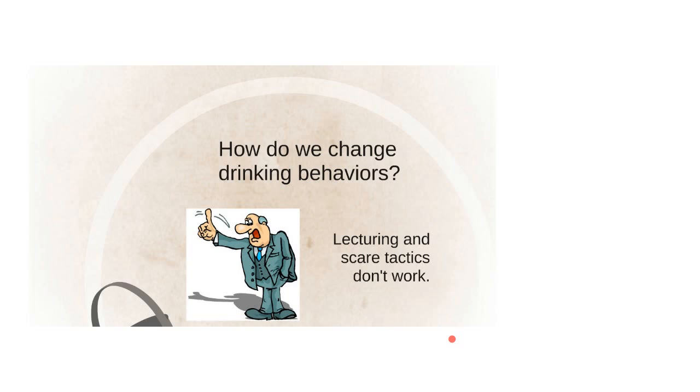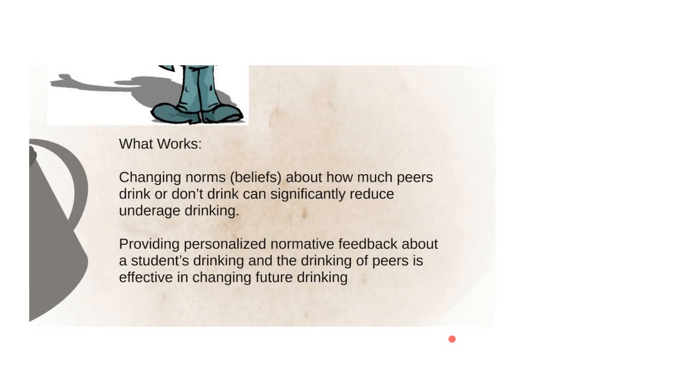But clearly, an evidence-based practice is exactly what I'm presenting here, which is if you can change an adolescent's or young adult's beliefs about how much his peers drink or don't drink, it can significantly reduce their underage drinking.